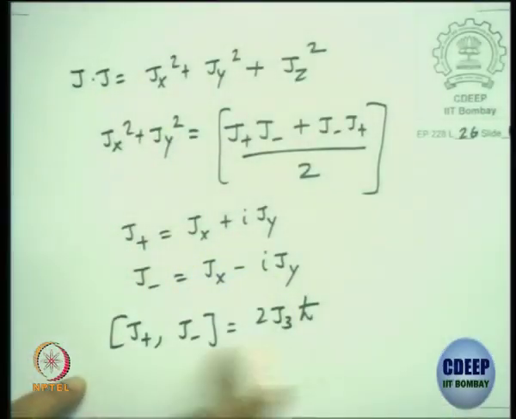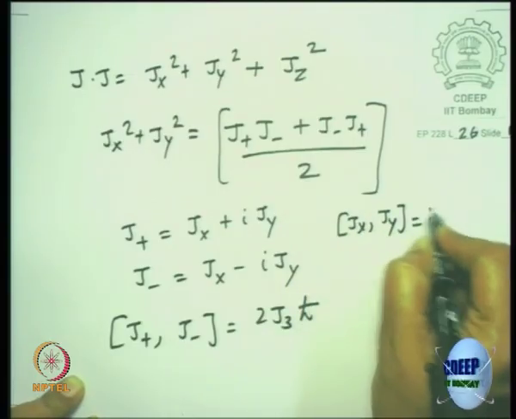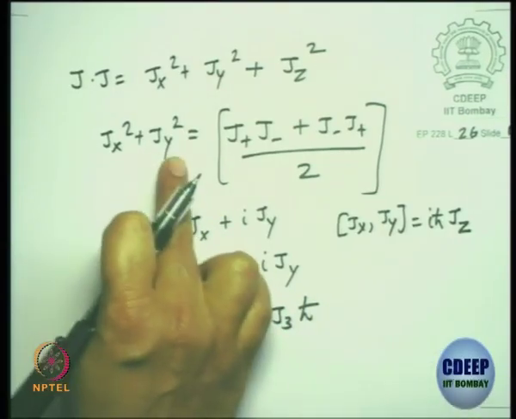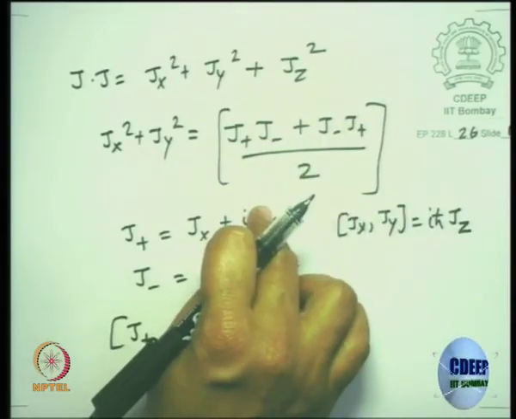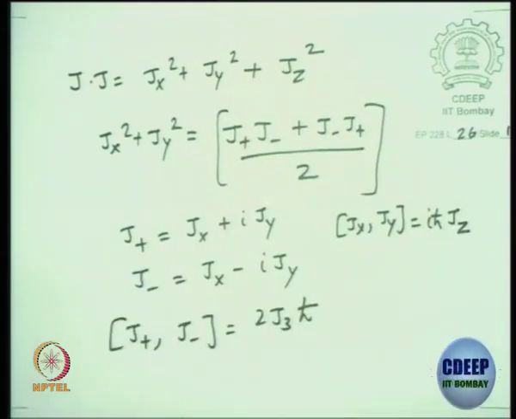This can be derived using the fact that the commutator of Jx and Jy is i h cross Jz. Use this fact and you can derive this. So Jx squared plus Jy squared is this, and Jz squared you can just write and add to it, and that will give you the J dot J.